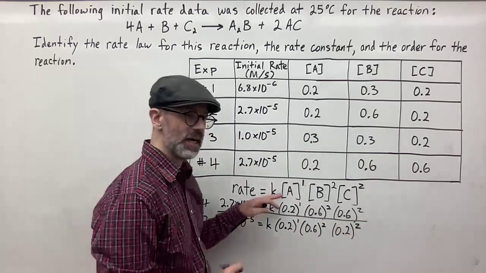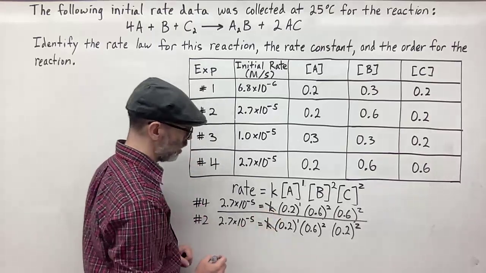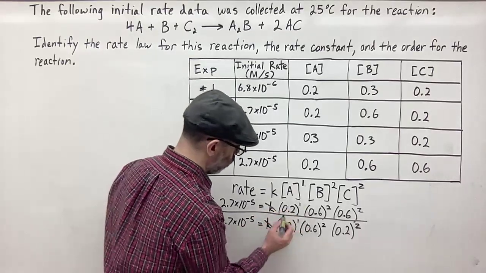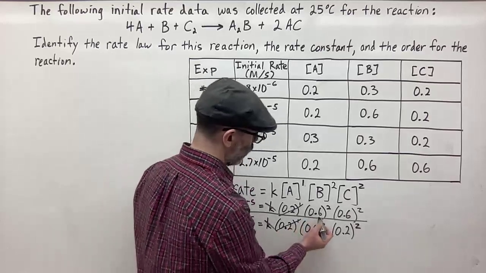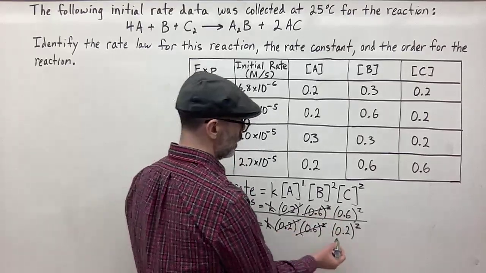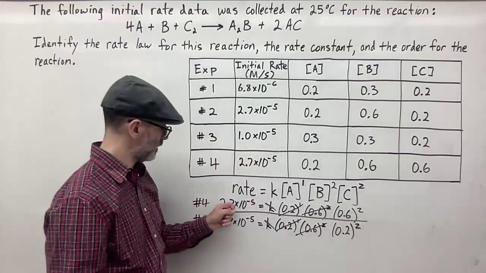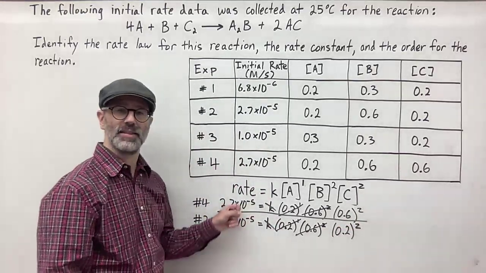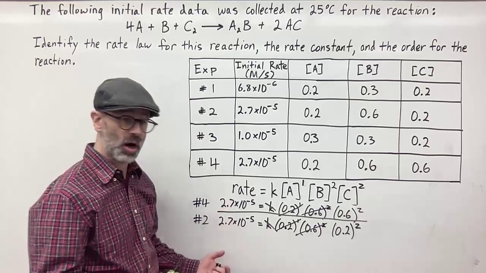Once again, whatever's on the top and bottom will cancel out. So K cancels out. 0.2 to the 1 cancels out on the top and bottom. 0.6 to the second power cancels out. And then we have these two left. Notice here that 2.7 times 10 to the negative 5 is on the top and bottom, so that's going to cancel out to 1.